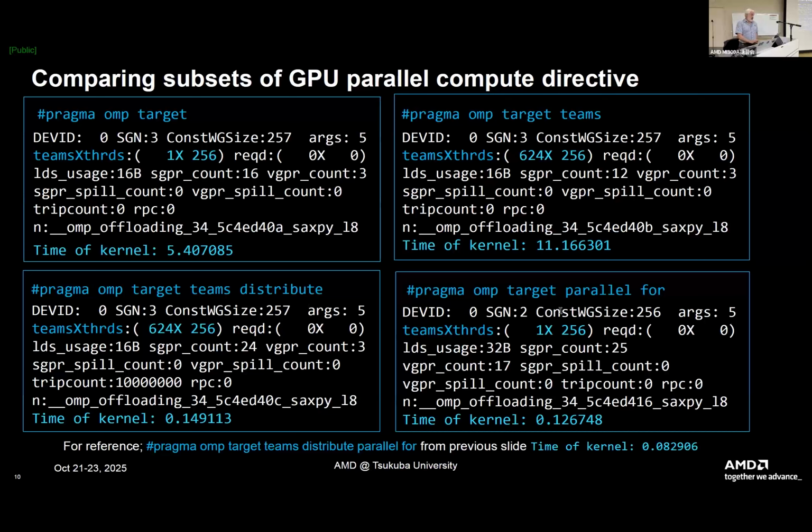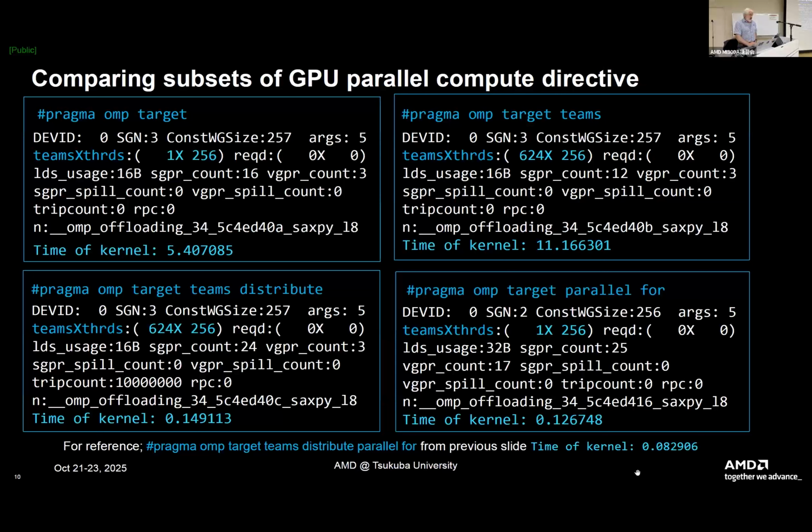And then if I do target parallel for without teams, okay, so here we're leaving something out. So we don't have target teams distribute parallel for. We've left teams and distribute out. So we only have one work group, 256 threads, and you can see it's 0.12 for the time.